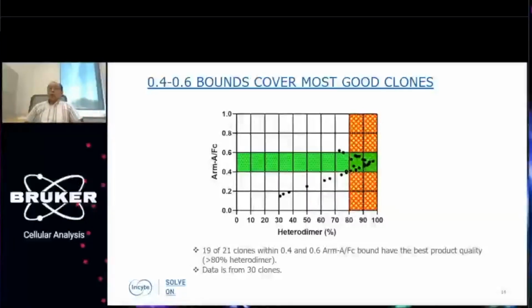The two other clones within this ratio also have a heterodimer close to 80%. This result indicates that the port 4 to port 6 bound covers most good clones, and we can use this bound to select good quality clones.